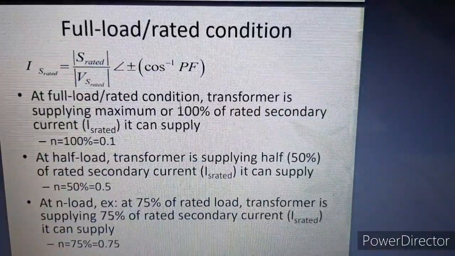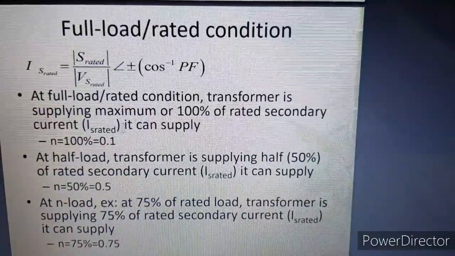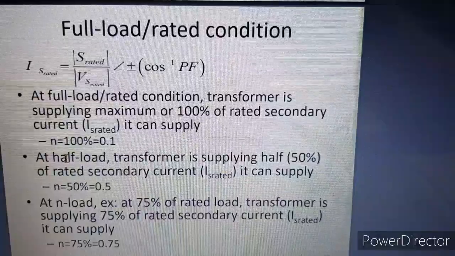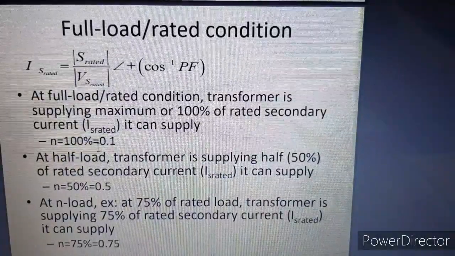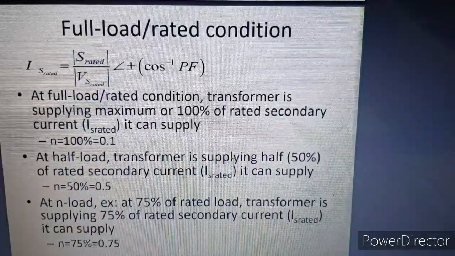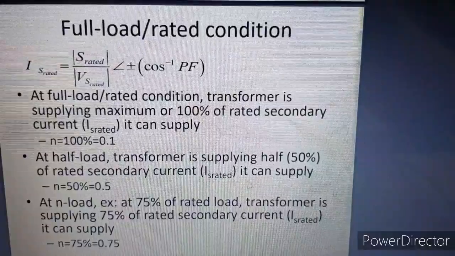Again, at full load, the transformer is supplying maximum or 100% of Is rated it can supply. So we can say that your n is 100% or 1.0. At half load, the transformer is supplying only 50% of Is rated that it can supply.